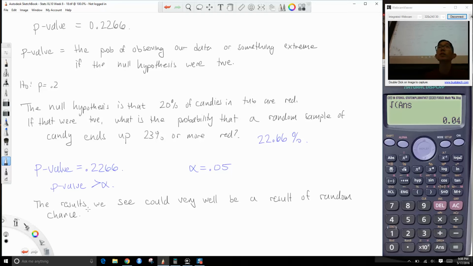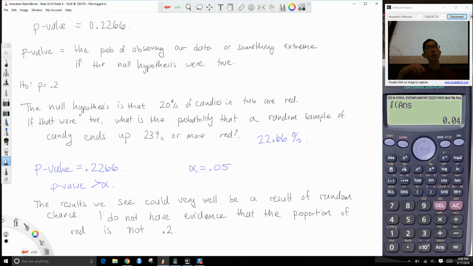And I have to do this double negative thing, but I'm going to say I do not have evidence that the proportion of red is not 20%. I cannot say that I have evidence that the proportion is 20%, because that's not true. All I can say is I don't have evidence that it's not 20%.